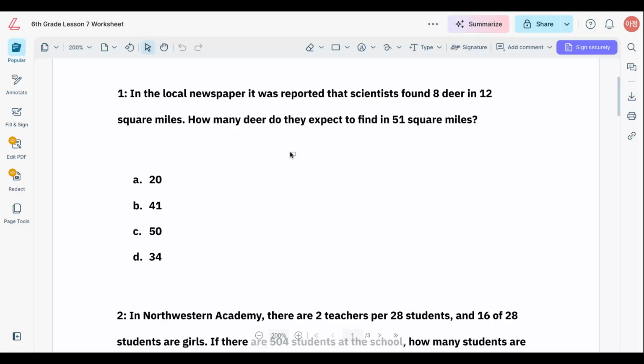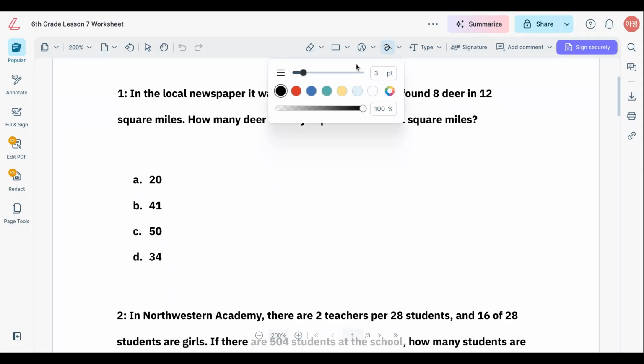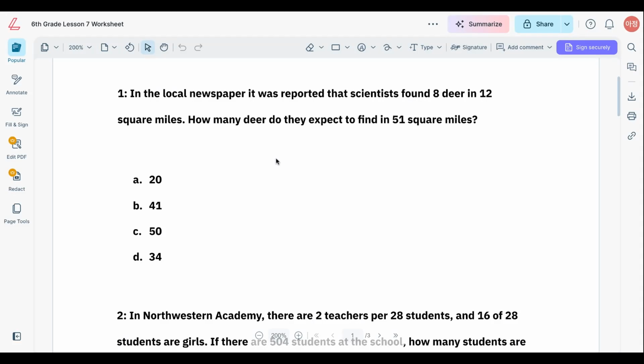So 8 deer in 12 square miles. Well, you can simplify that.